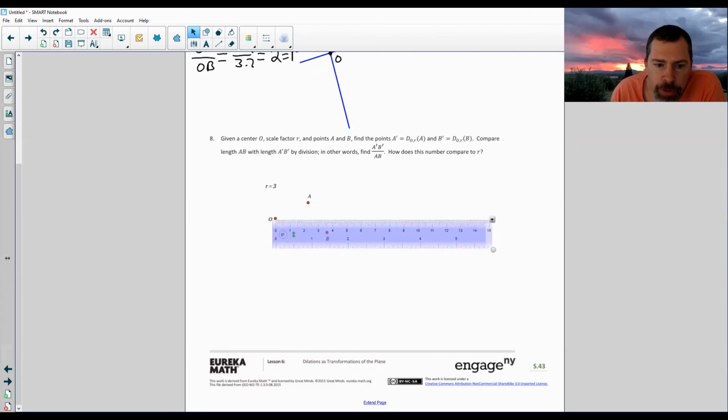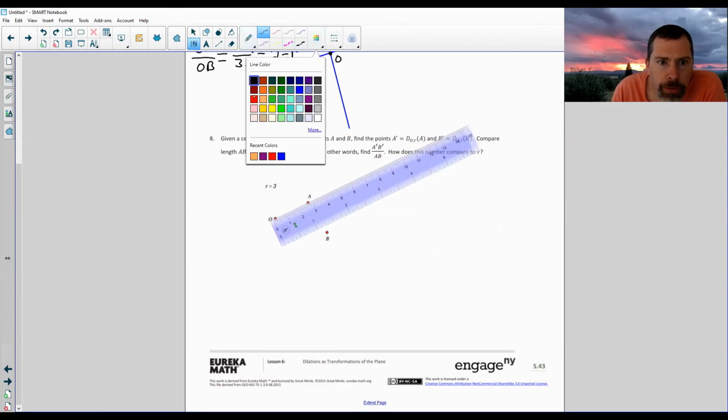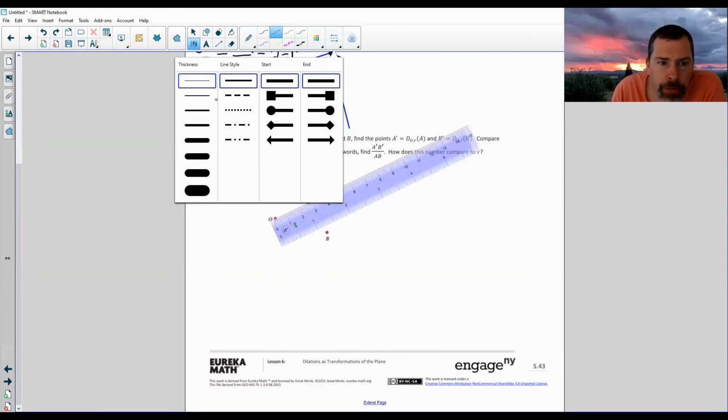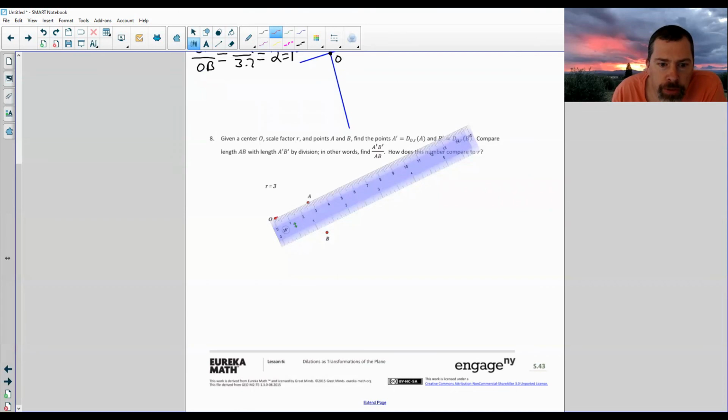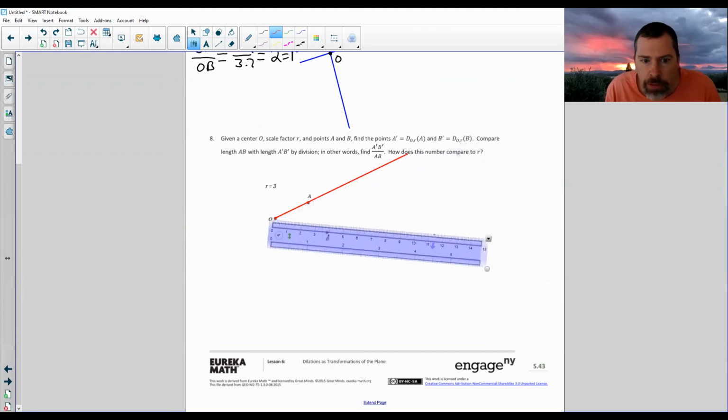So the first thing I'm going to do is draw a segment from O through A. Okay, red, that's fine. And I just draw a segment through OA. Rotate. Hello, I clicked on the edge. That's supposed to be rotate.